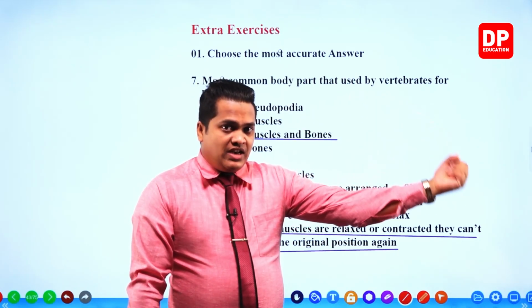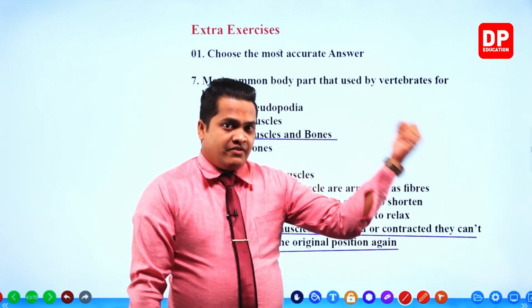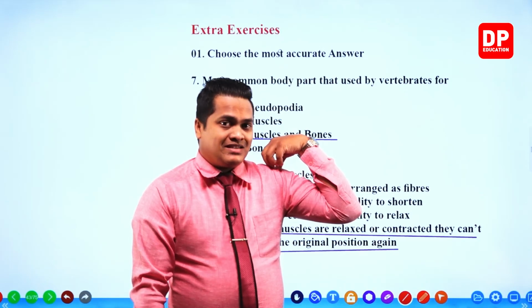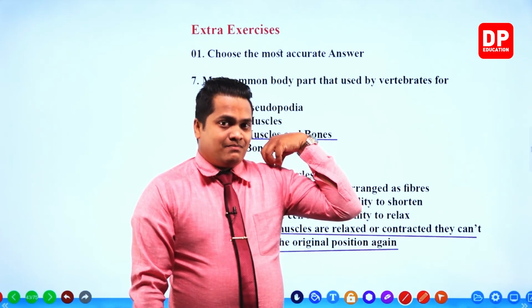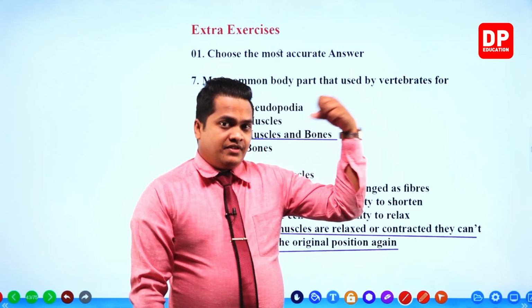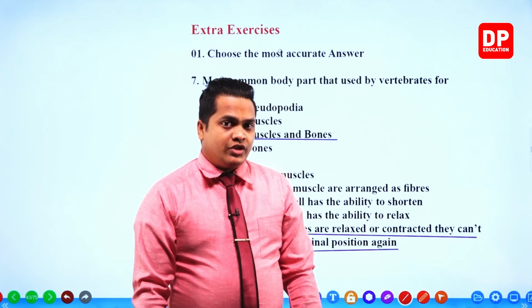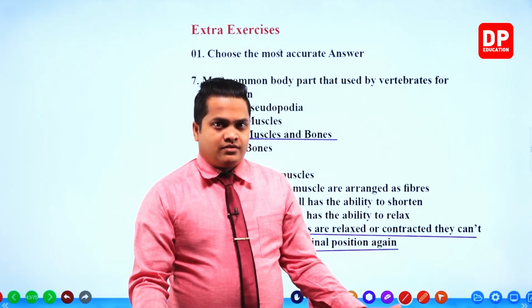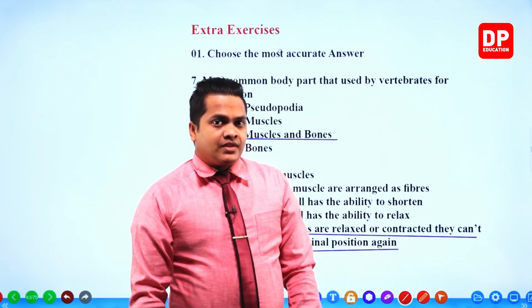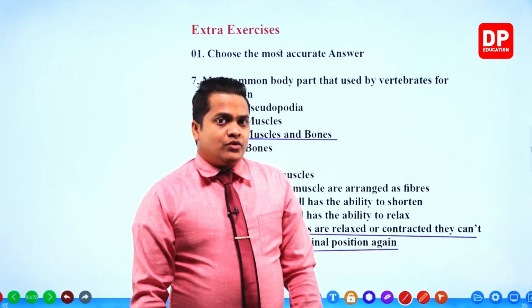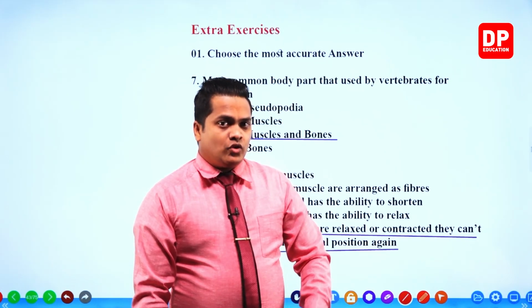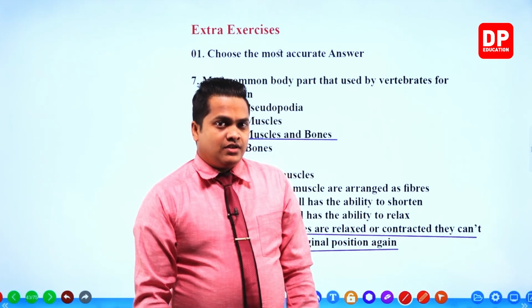So when we are moving like this, you know that the bicep muscle is going to contract. Then when we are moving like this, the bicep muscle is going to move to the original position, right? So my dear children, it's important to go to that original position once again.